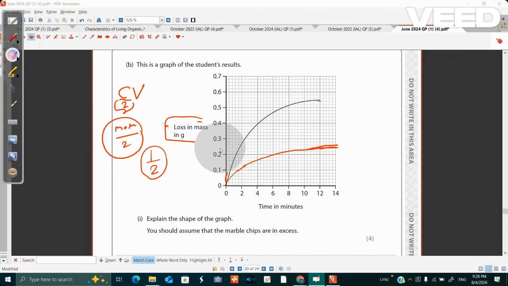No, it is happening slowly because you are using half the concentration. Right? Okay, so something like this. It must start at the origin. See, yeah, it is always starting at the 0, 0 point.